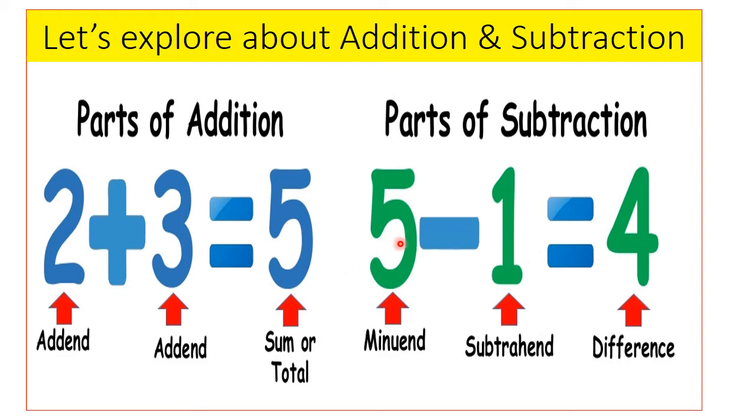The number which is subtracted is called subtrahend, and the number from which you are subtracting is called minuend. So minuend minus subtrahend gives the difference, and addend plus addend is equal to the sum or total.